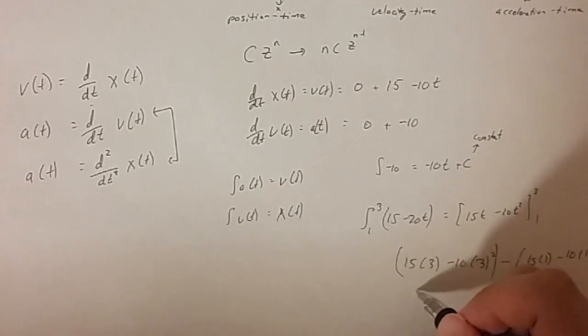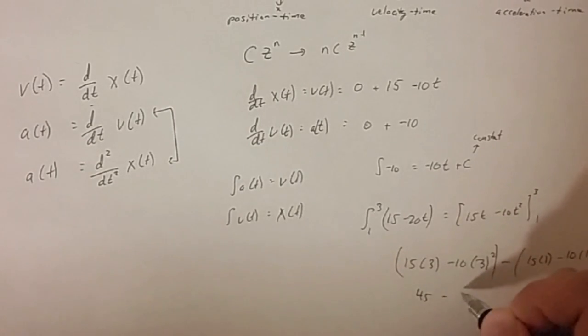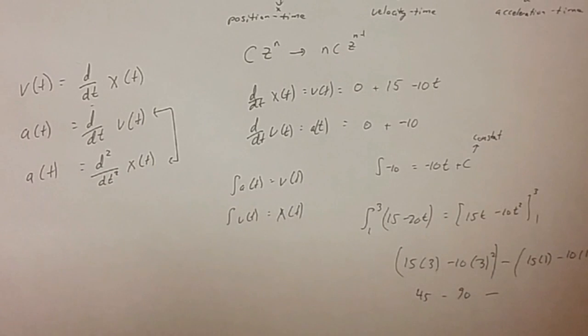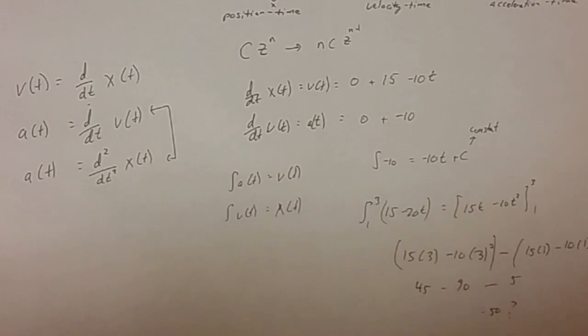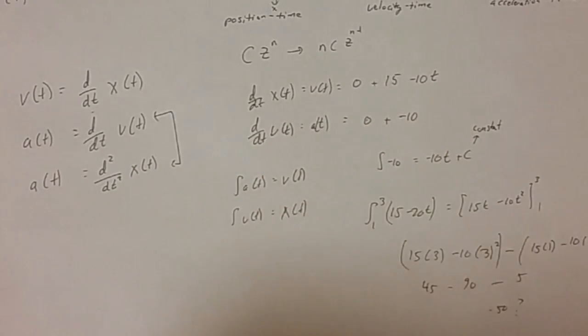So what's this? This is 45 minus 90 minus 5. So this should be, what, negative 50? Maybe. I'm doing this freehand, so if that's wrong, I'll put an annotation in.